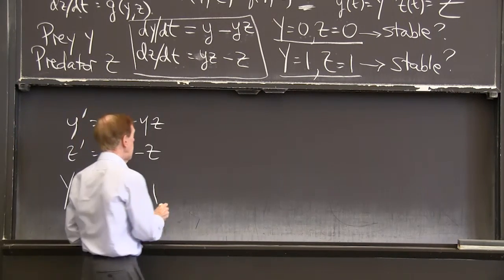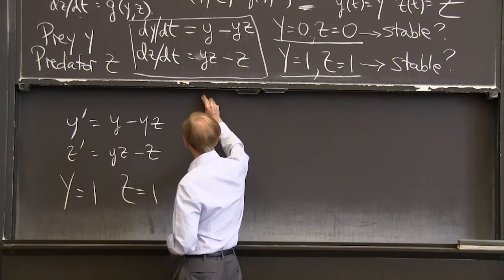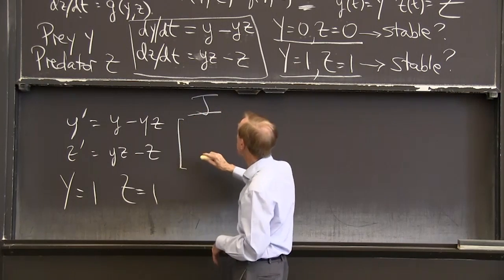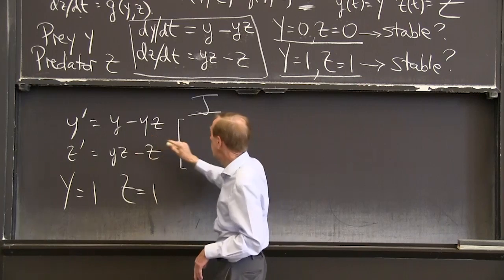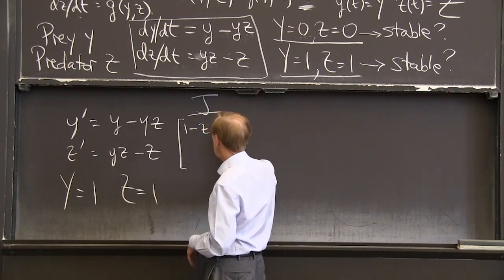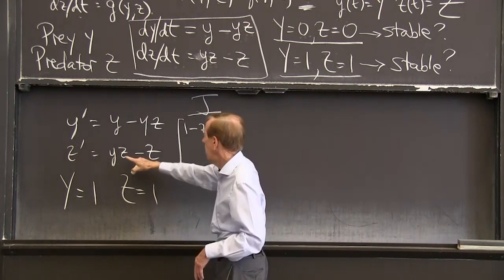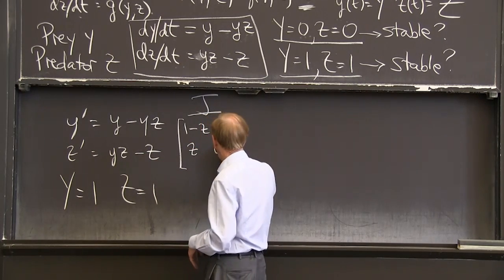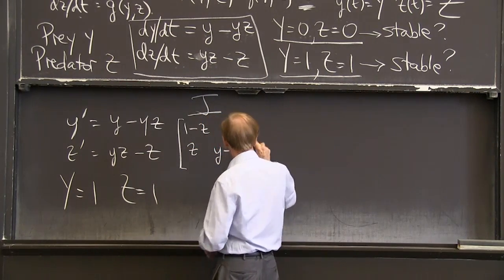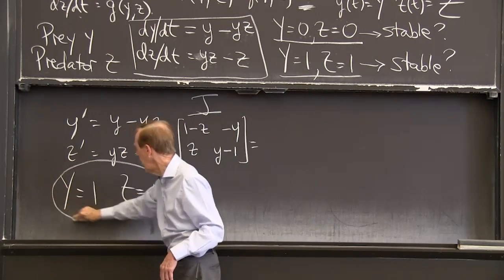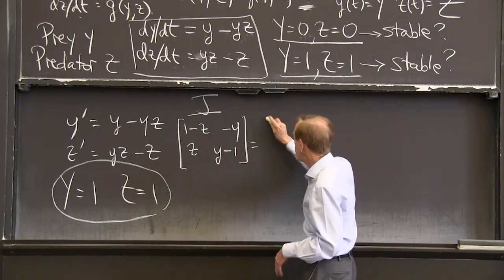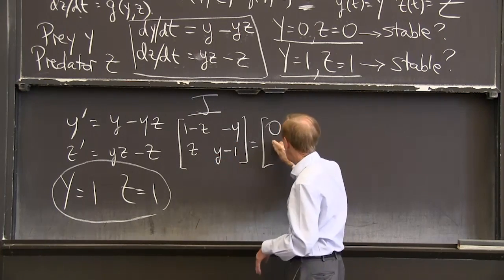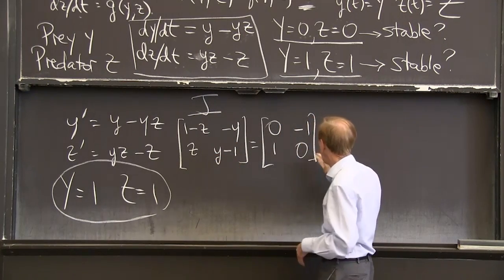This is the Jacobian matrix. The derivatives were 1 minus z, minus y. The y derivative of that is z. The z derivative is y minus 1. And at this point, y and z are 1, so that became 0, minus 1, 1, and 0.